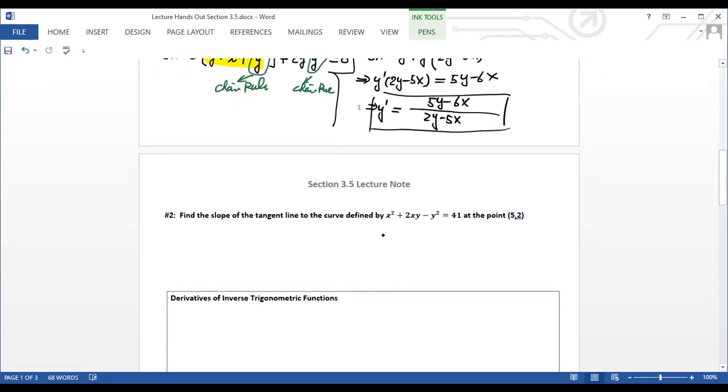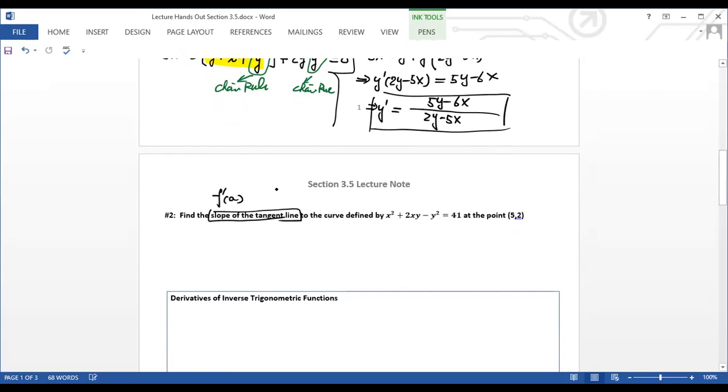They say find the slope of the tangent line for this curve here, at the point 5, 2. So what is the slope of the tangent line? We know it's f prime of a.